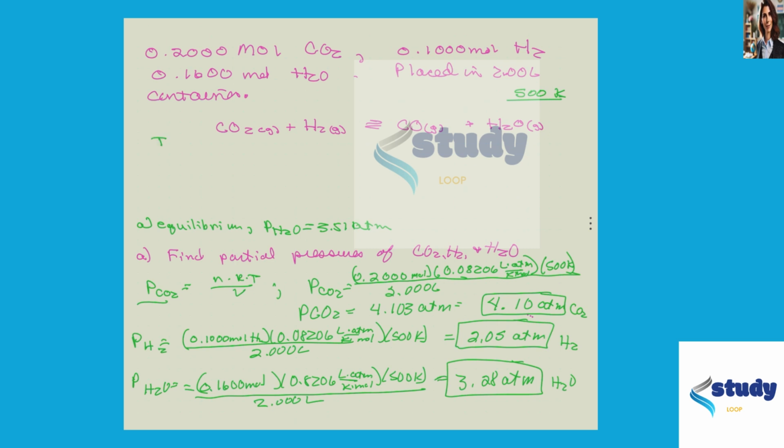So let's start with our ICE table. I have 4.10 atmospheres and I have 2.05 atmospheres. This one was 0, and this one was 3.28 atmospheres. My equilibrium value, I was told, is 3.51.